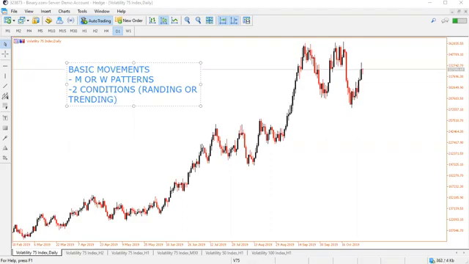I'm going to break them down, guys, for those who are beginners. This is what you need to understand: the market is always in either one of the two conditions. It's either ranging or it is trending. All right, it is either ranging or trending.